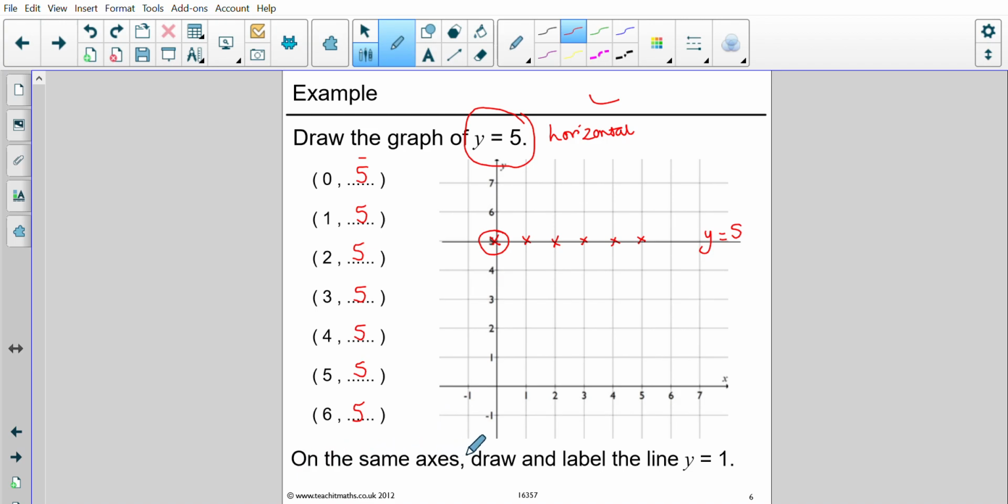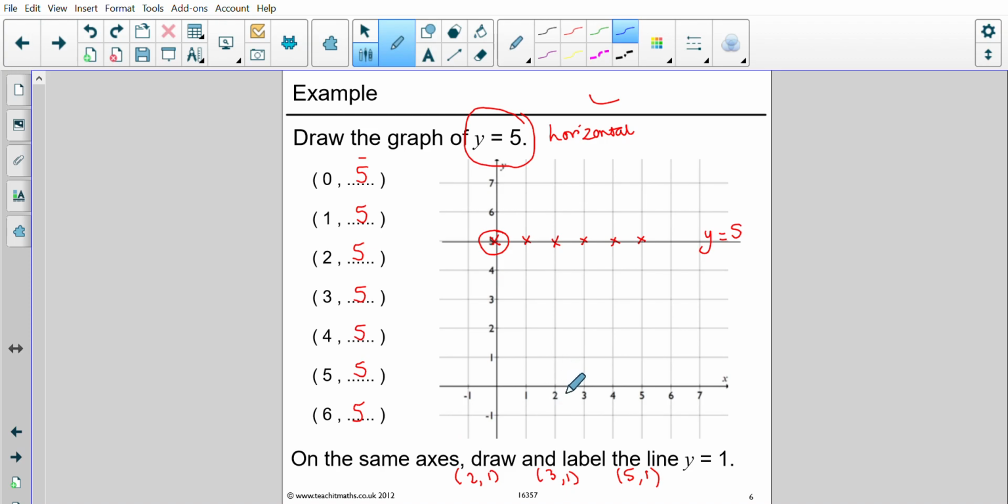On the same grid, draw and label the line y equals 1. This means that every single y coordinate must be 1. If I just made up some coordinates, I can pick some x coordinates. Let's say I've got 2, 1; 3, 1; and 5, 1. Doesn't matter what x coordinates I choose, as long as the y coordinate is 1.